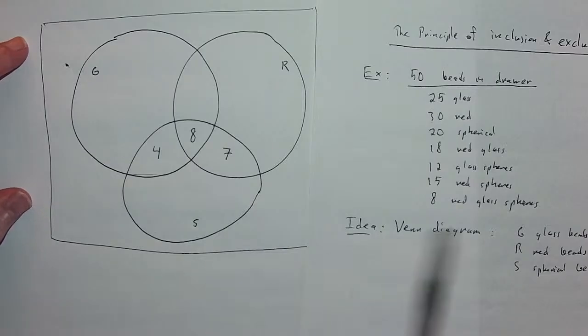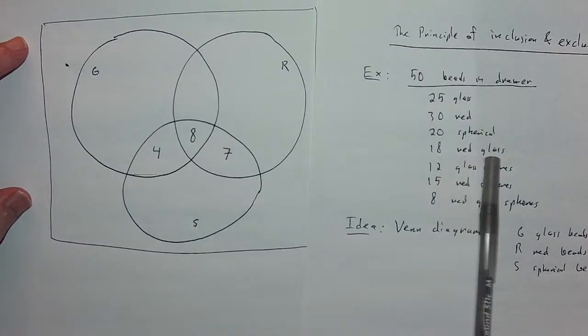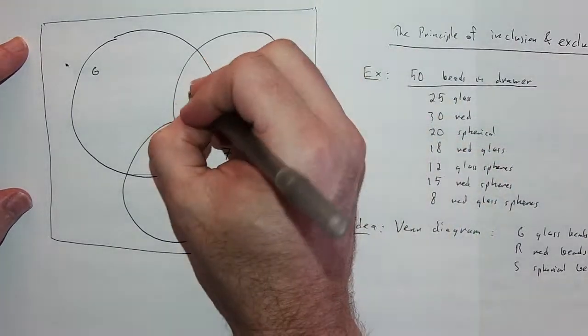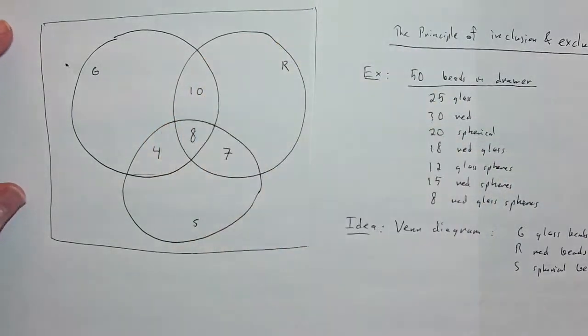What about red glass? There's 18 of those. Here's 8, so there have to be 10 here.